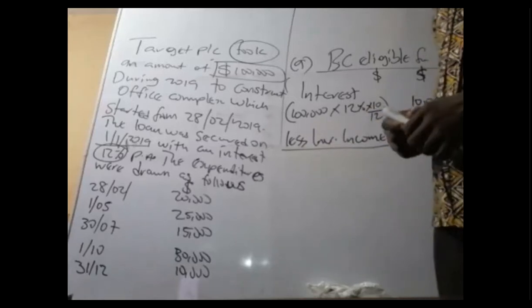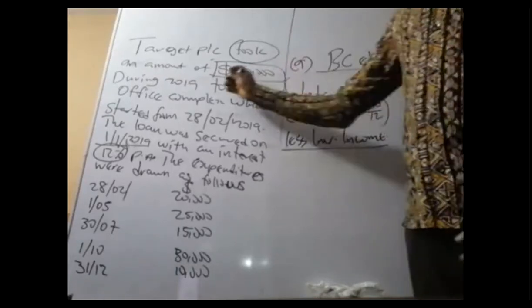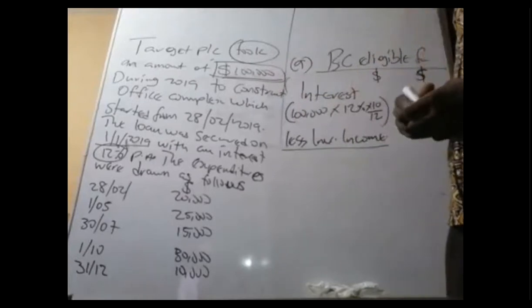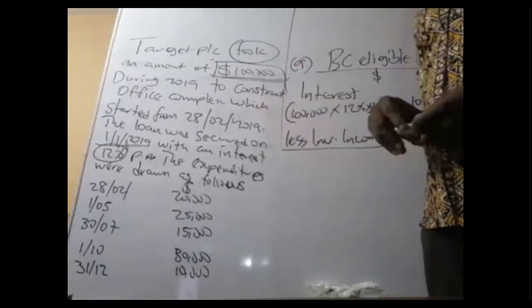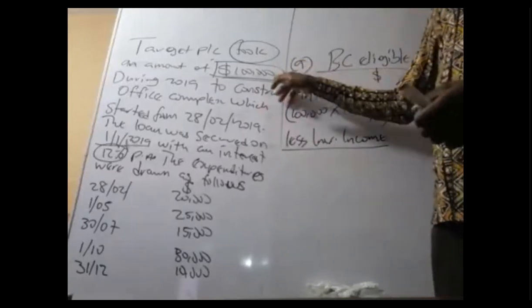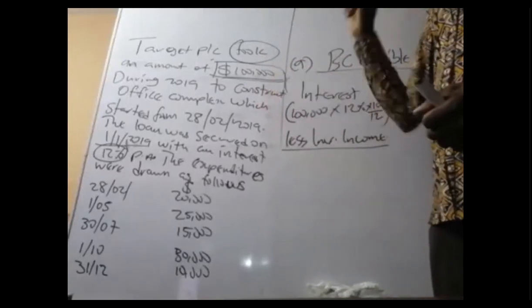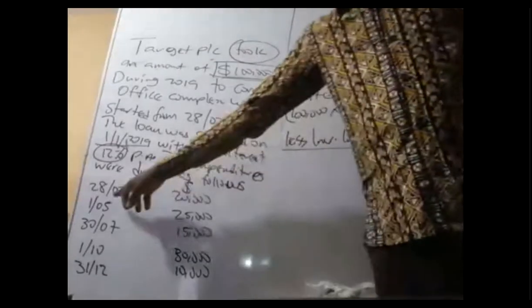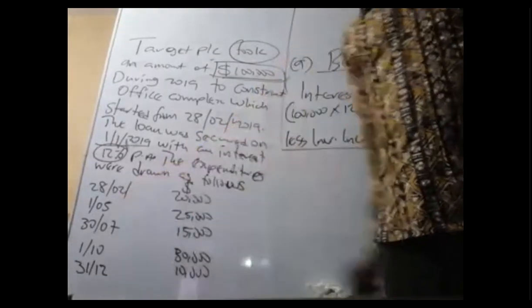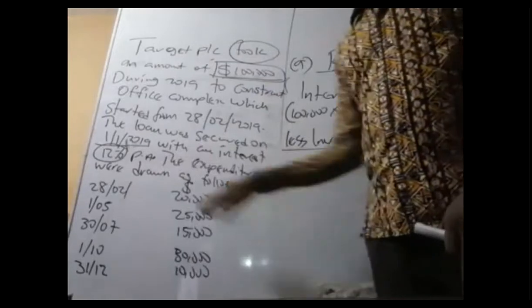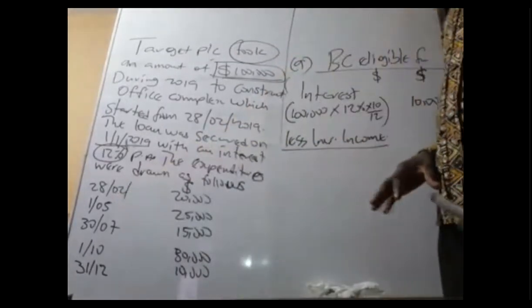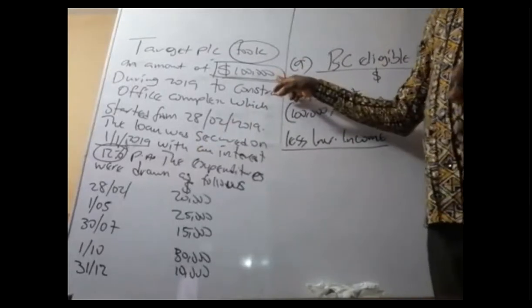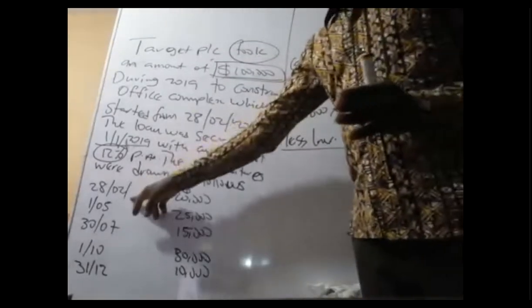Now, they picked $100,000 on 1st January 2019. So this $100,000 was idle until when? The first amount was paid on 28th February. It tells me that this money was free until 28th February.